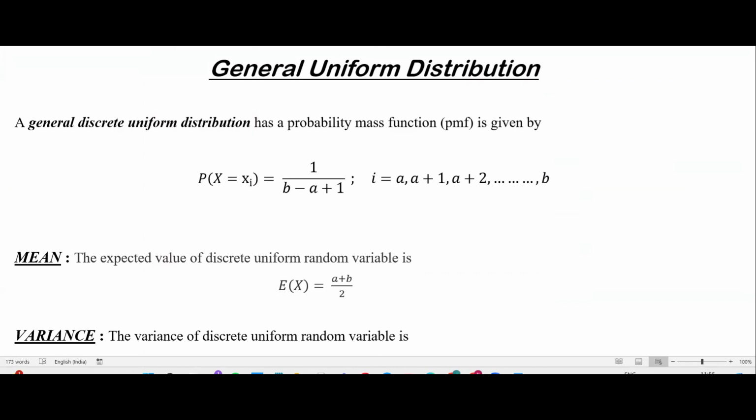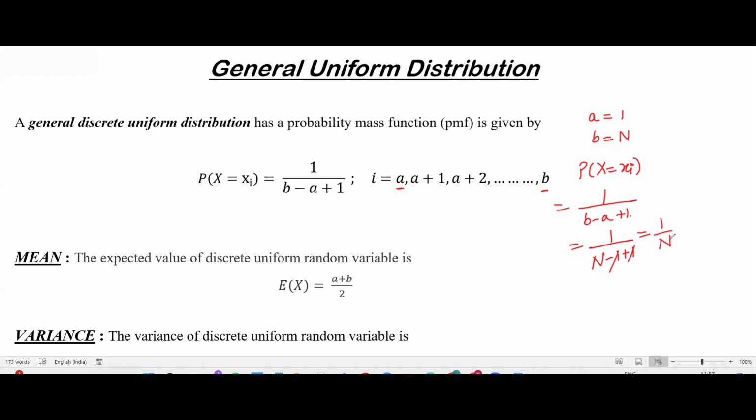So what we need to consider here is that we are talking about the interval from a to b. Whereas in the previous one, your a was 1 and b is capital N. So you would notice that if I substitute the values in this formula, I will get the same answer. So b is capital N, a is 1, and the final answer that I'll be getting is 1 upon N.